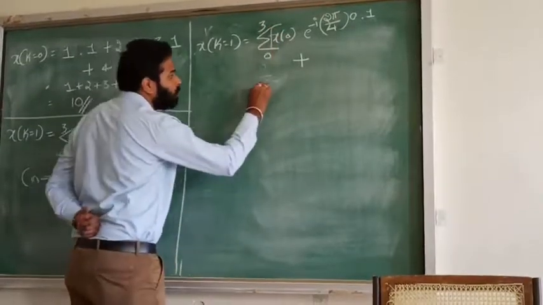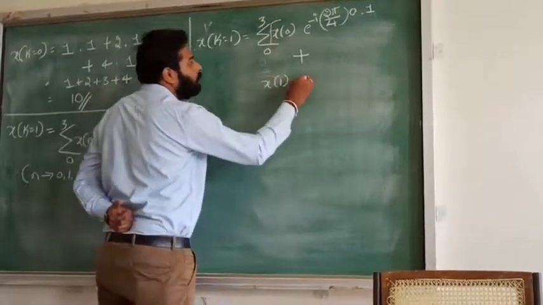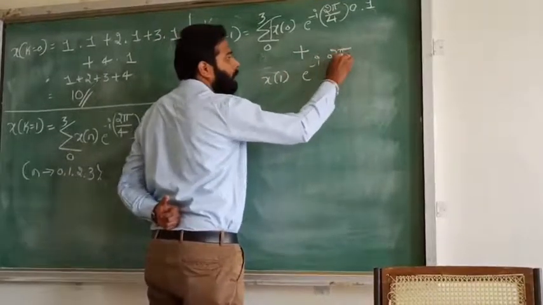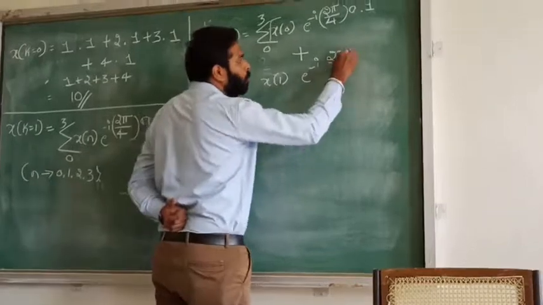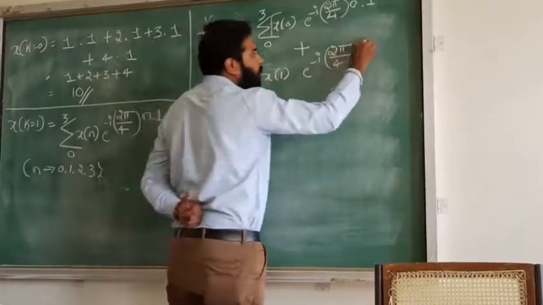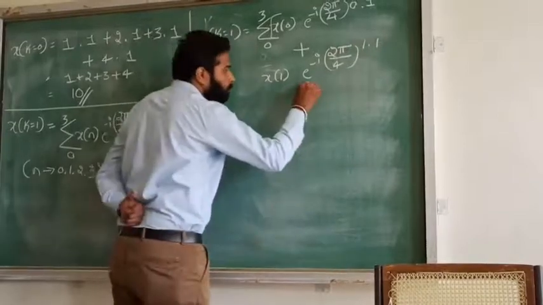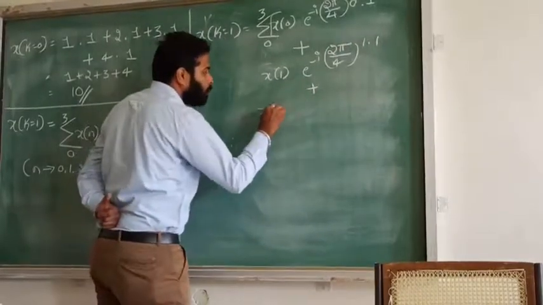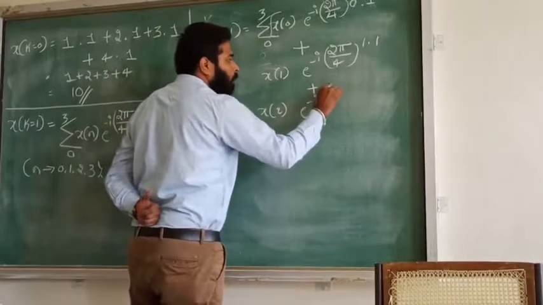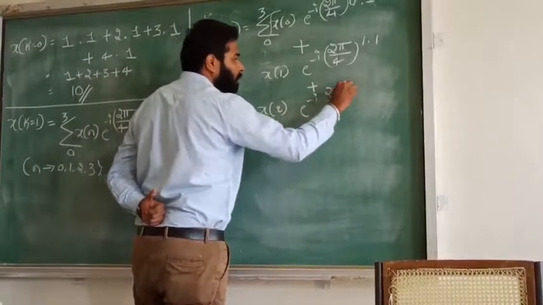Next x of 1, e raised to minus i 2 pi divided by capital N, capital N is 4, into n into k. Now n is equal to 1, 1 into 1, plus x of 2 e raised to minus i 2 pi divided by capital N, that is 4.